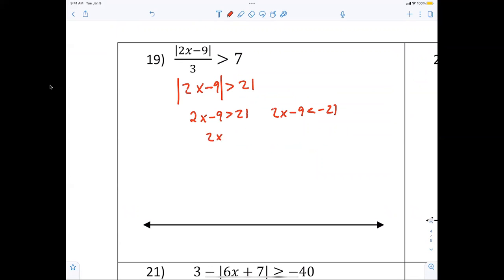So now 2x is greater than, so x is greater than, so 2x is less than, so x is, and if you're looking at that carefully, you can see they go in opposite directions, right?